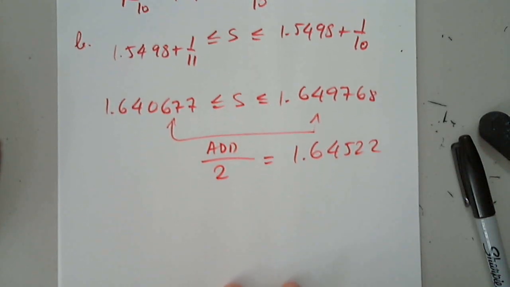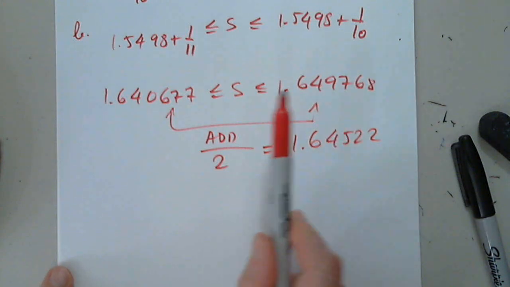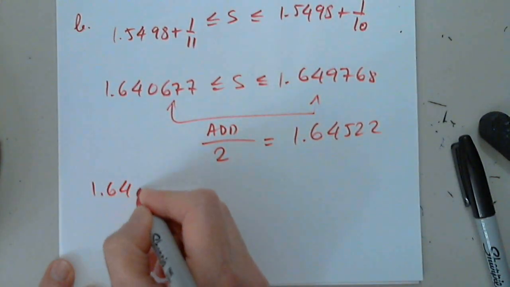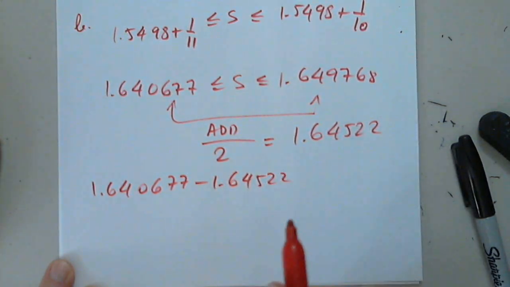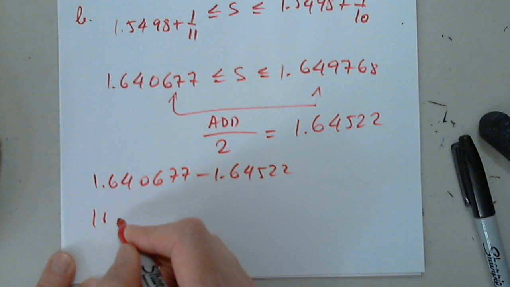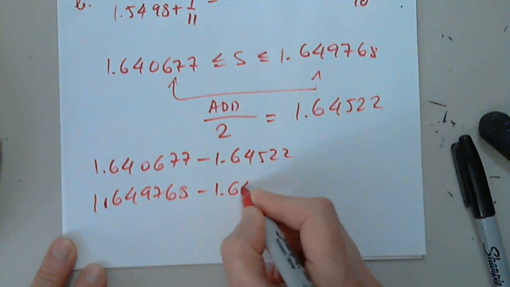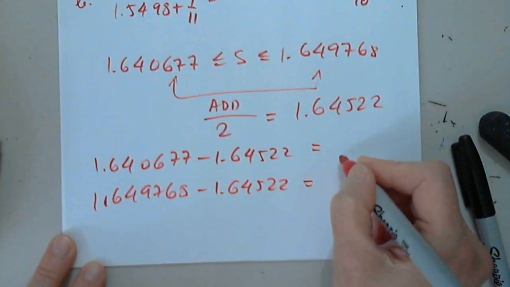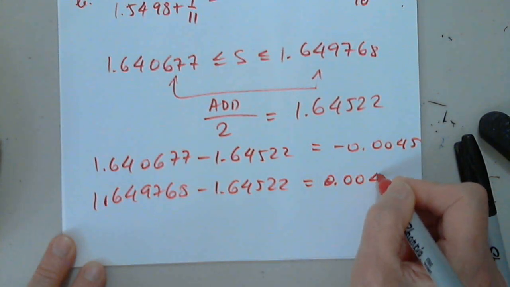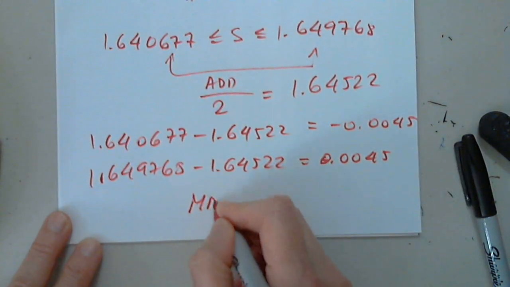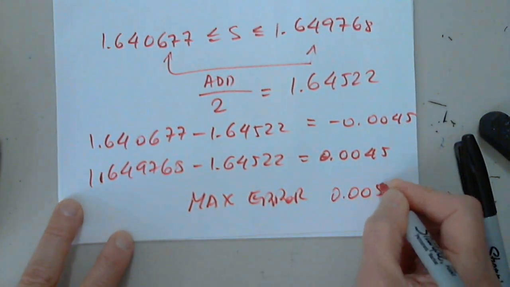Now if you subtract the average from each, 1.640677 minus 1.64522, and from the other one, 1.649768 minus 1.64522, you will get negative 0.0045 and 0.0045. So the max error is 0.005.